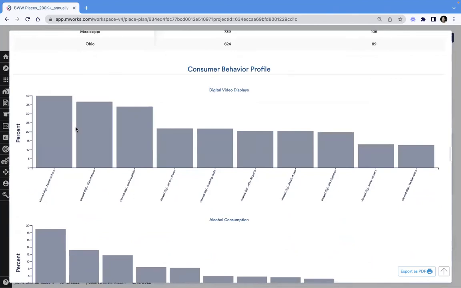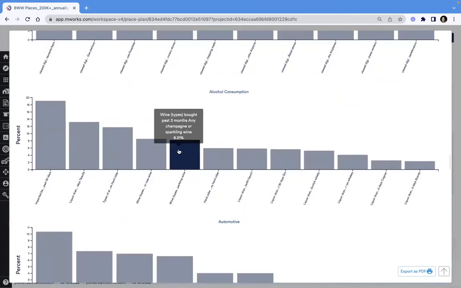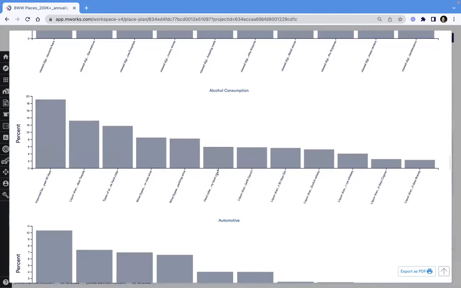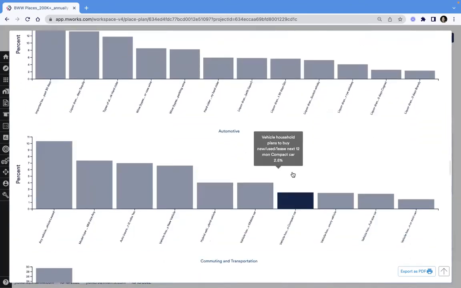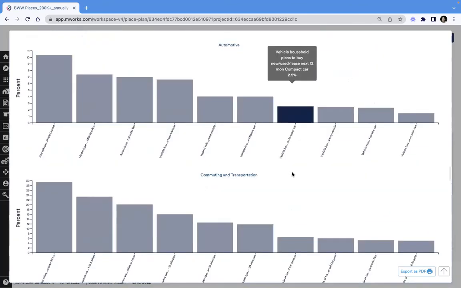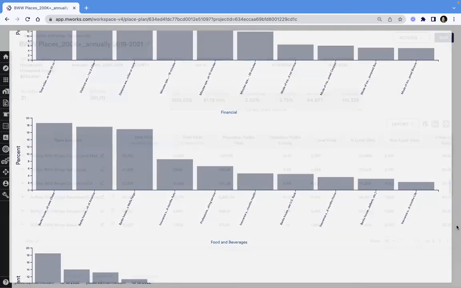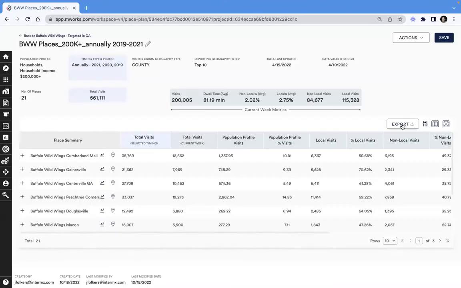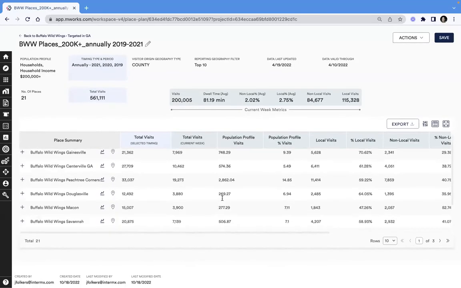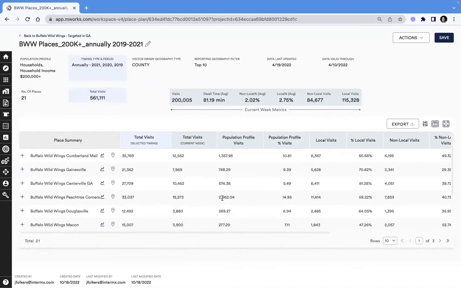Other aspects, consumer behavior profiles of people that visit this place. All of these pieces will be available in dashboards and other metrics and outputs available. This is exportable as well as exportable from Excel to get more of that information at your fingertips.